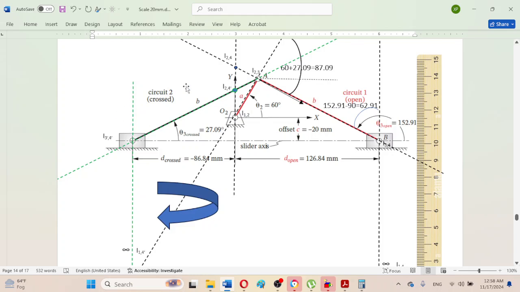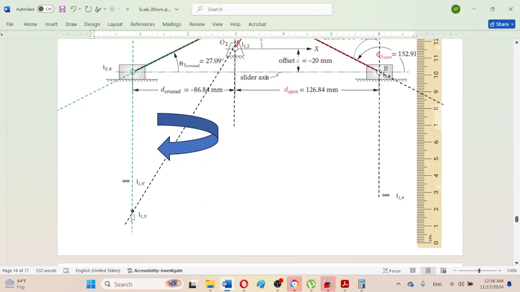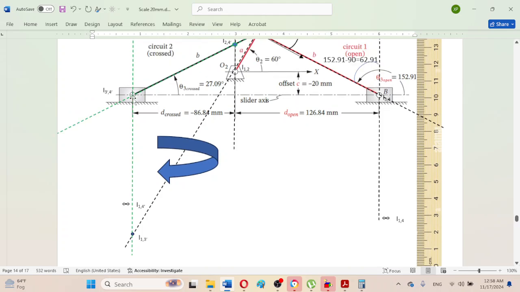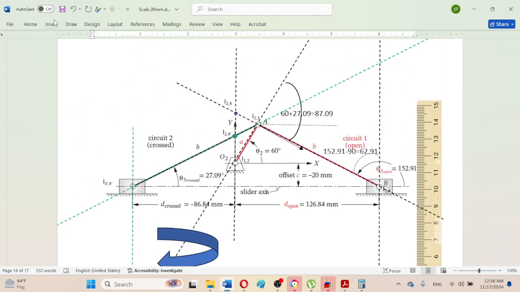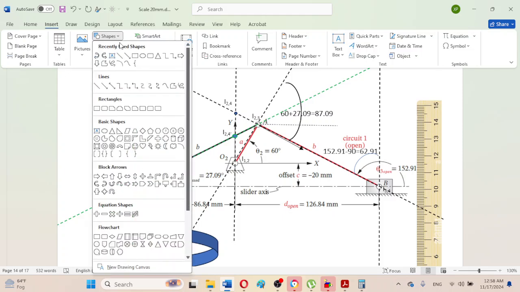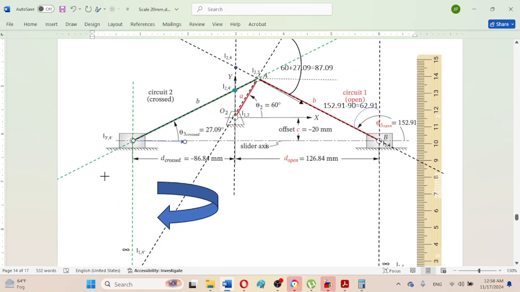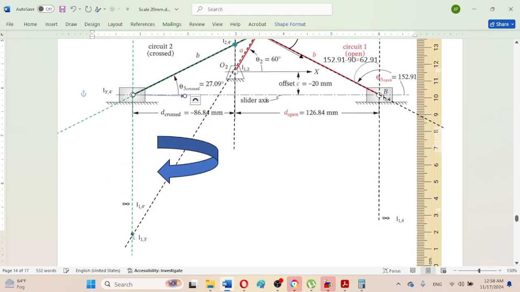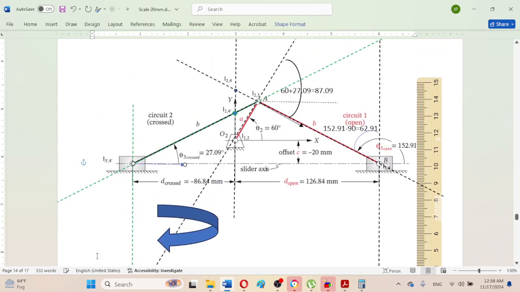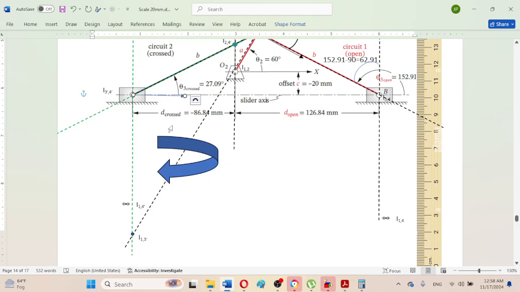So the rotation of this whole body is actually about this instant center I1,3 dash. So the velocity here will be in this direction, because this will also be rotating this whole link or AB connecting rod in clockwise orientation.